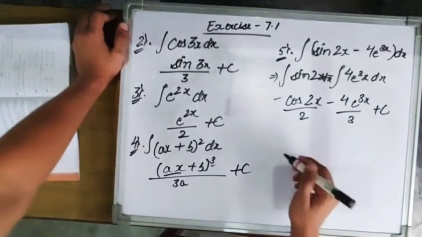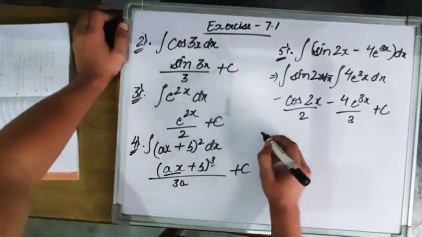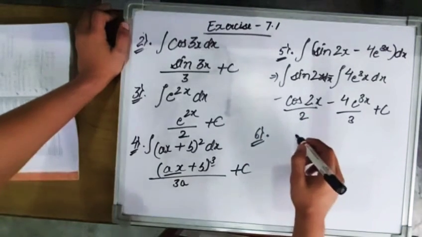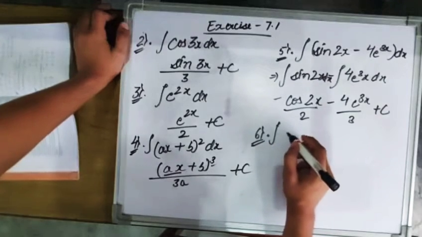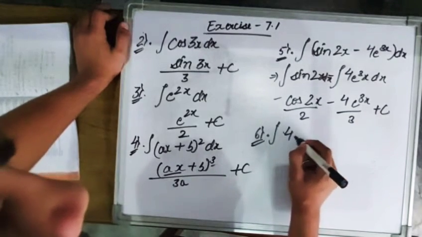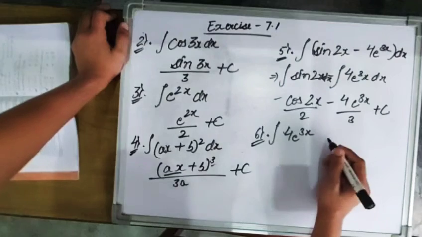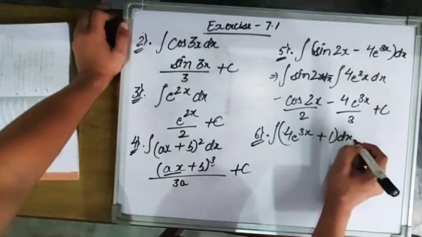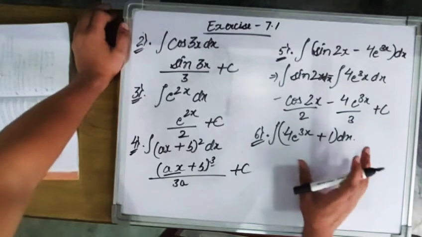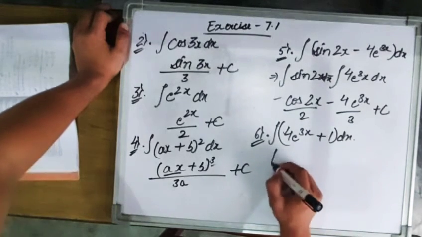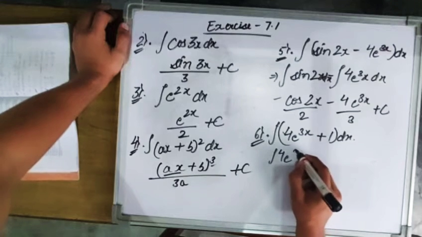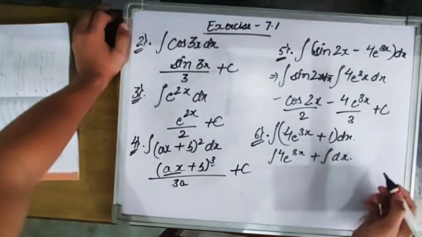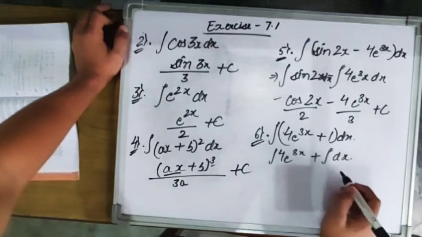Now moving to our sixth question, we need to find the integral of 4 times (e raised to power 3x plus 1) dx. In this type of question, if there is a bracket given, you can simply open it: 4 e raised to power 3x plus 1, dx.